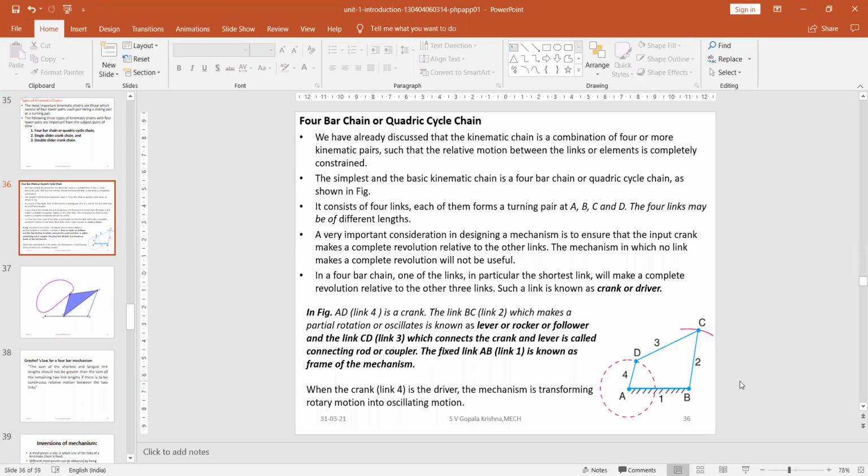It is converting the rotary motion to oscillatory motion or turning motion. This is regarding the four-bar chain, which has another name, the quadratic cycle chain.